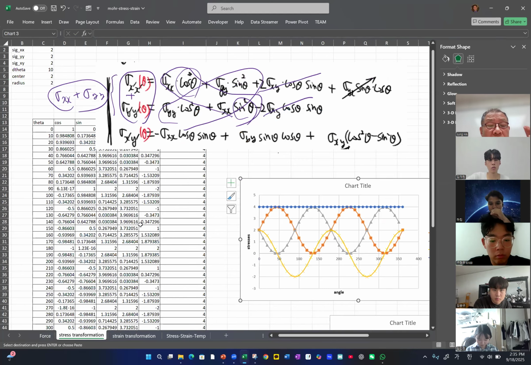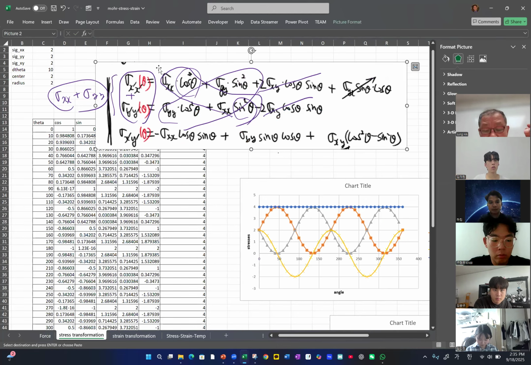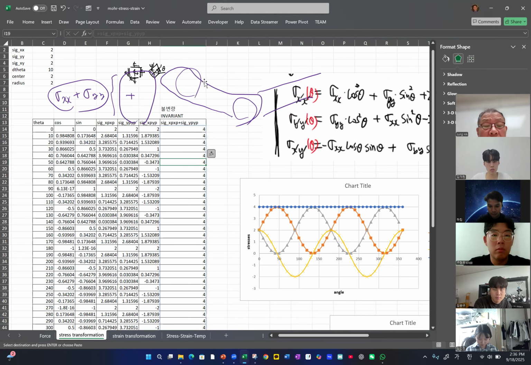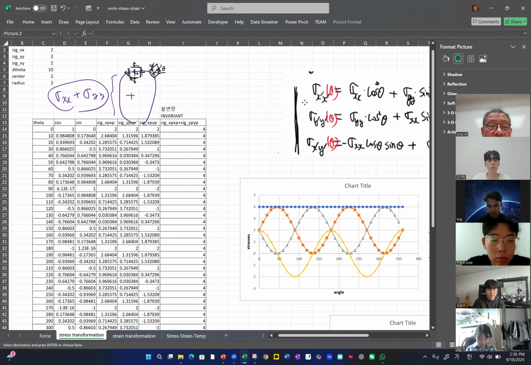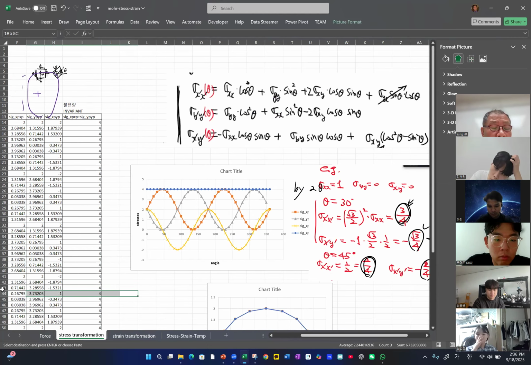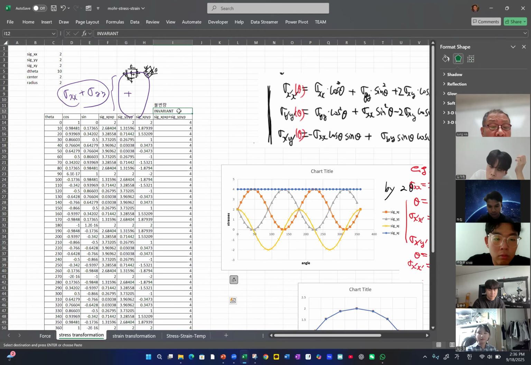Now for the stress transformation, what does not change is just a summation. Now there is another term, actually another invariant. Okay, this is an invariant. I will say one. Actually, there is another invariant.